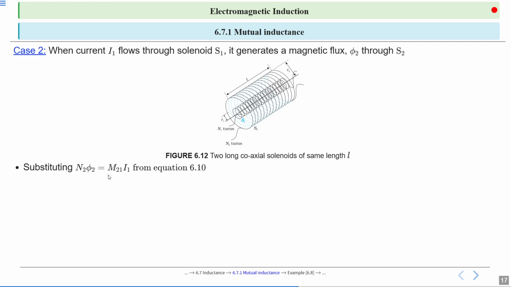Now compare this equation with the equation we have calculated. After comparing, M21 I1 will be equal to mu naught n1 n2 pi R1 square L I1.